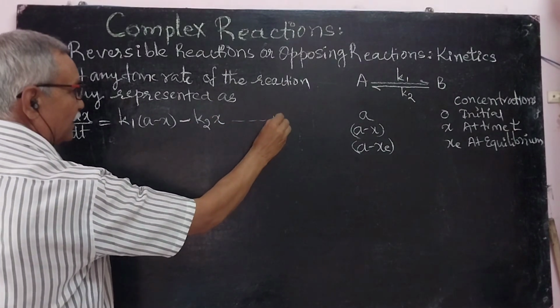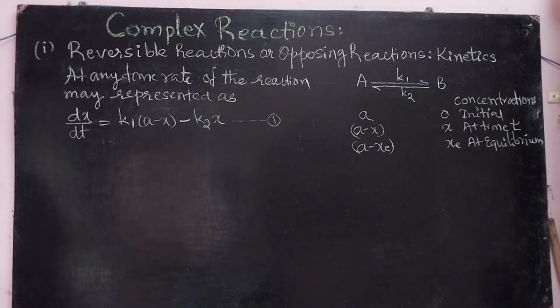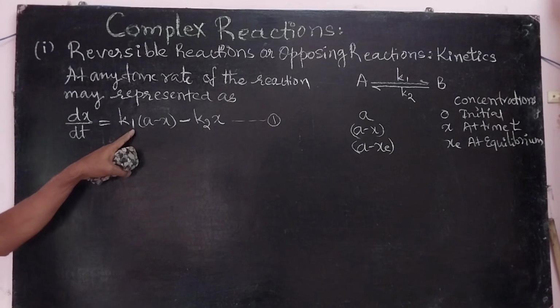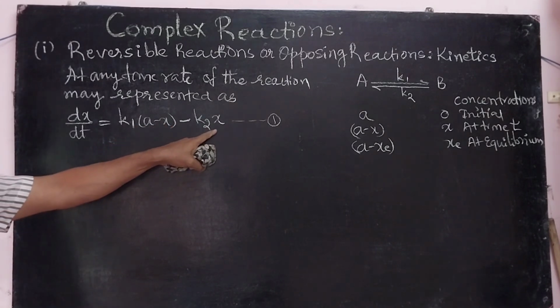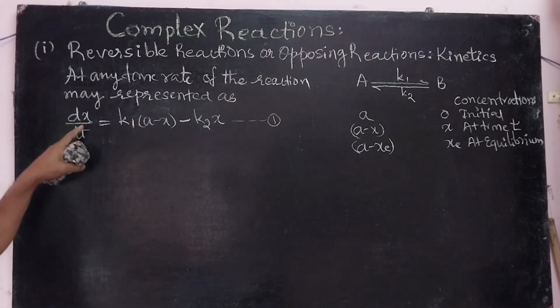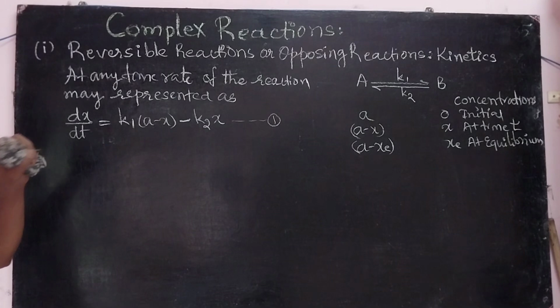Means at any time t, the rate of forward reaction is this much and the rate of backward reaction is this much, and the total rate of the reaction is dx divided by dt.